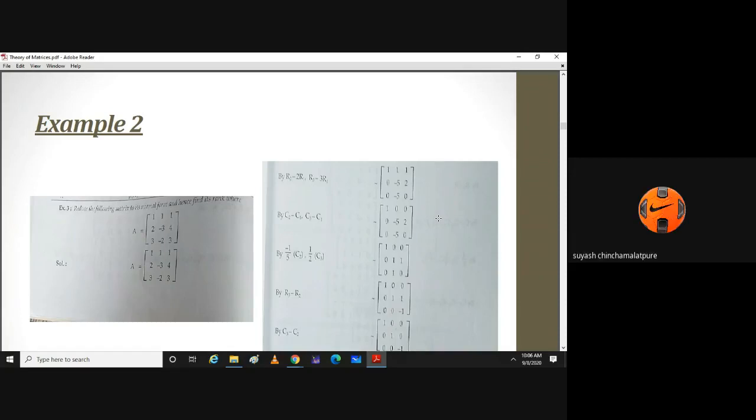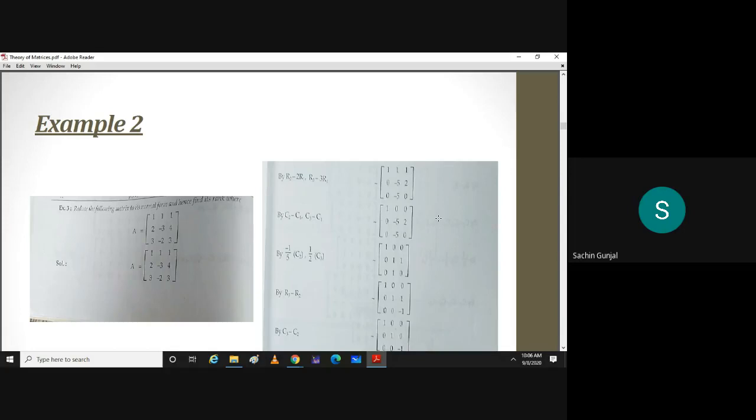Sir, I have a doubt. Instead of keeping all the ones on the diagonal from the upper left corner to the lower right corner, can't we keep it from the upper right corner to the lower left corner?